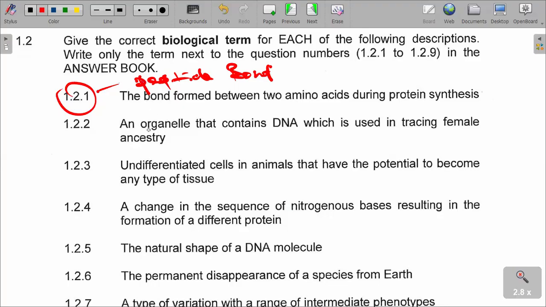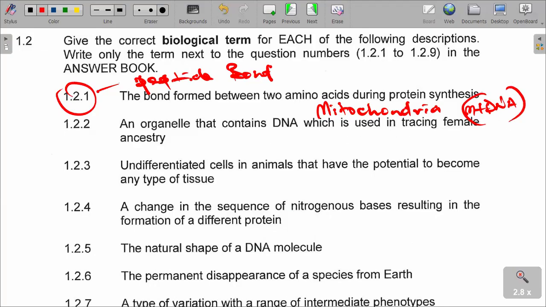And then an organelle that contains DNA, which is used in the tracing of female ancestry. We say that it is mitochondrial DNA.